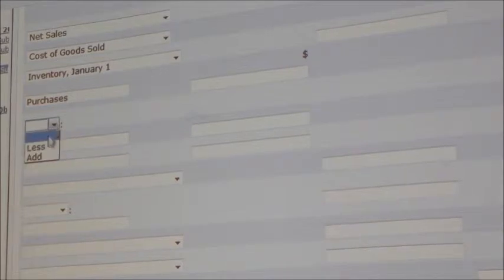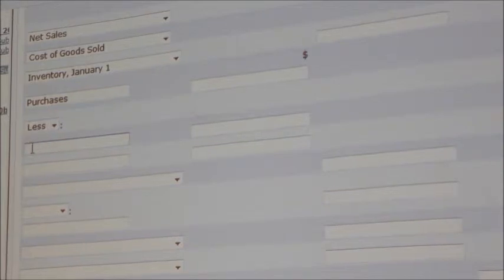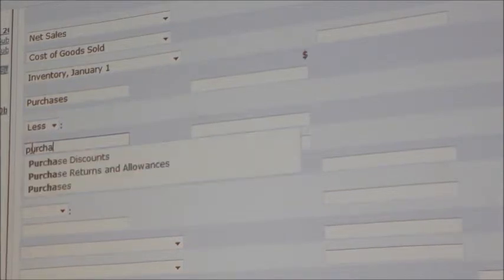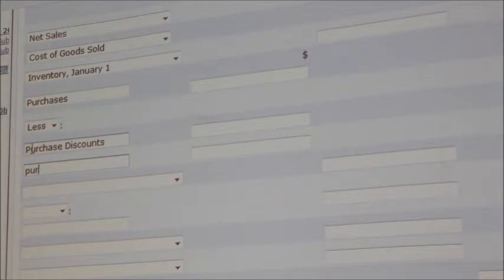I had two of something on the same side and then one left on the other side. Just purchase discounts and returns. Were those less or add? Less. So I would put in here my purchase discounts and my purchase returns.